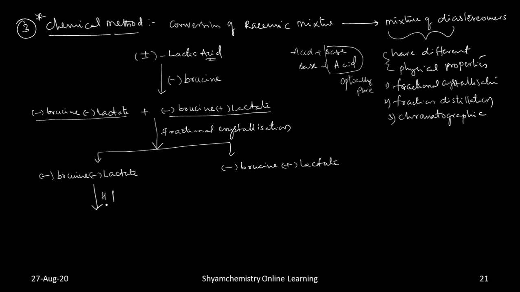Brucine leaves as a salt, brucine hydrochloride. Minus lactate is converted into minus lactic acid, so we get separate minus lactic acid.